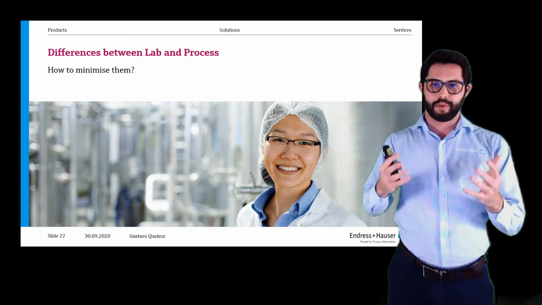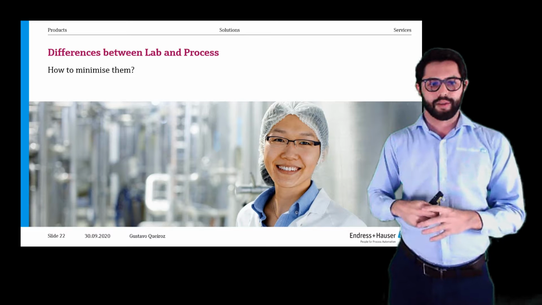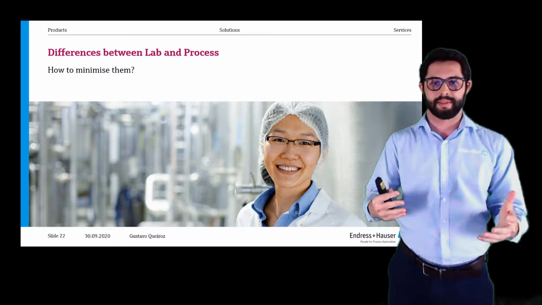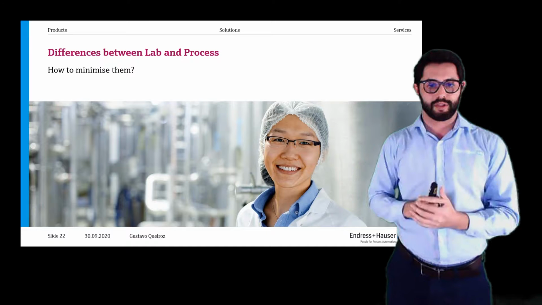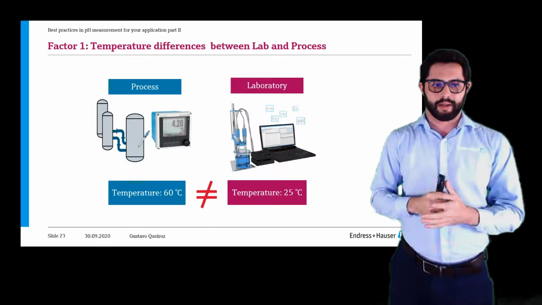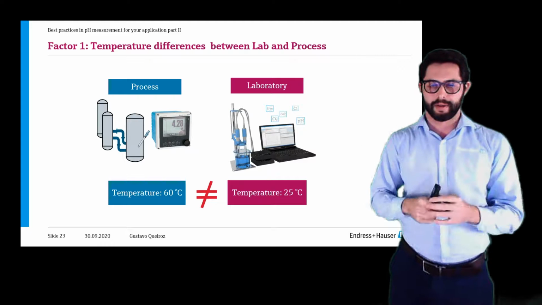And we have 3 main factors that we separated here to make you aware and to show you how you can minimize them and bring your comparisons as close as possible, right? Factor number 1 is the temperature between the lab and the process.